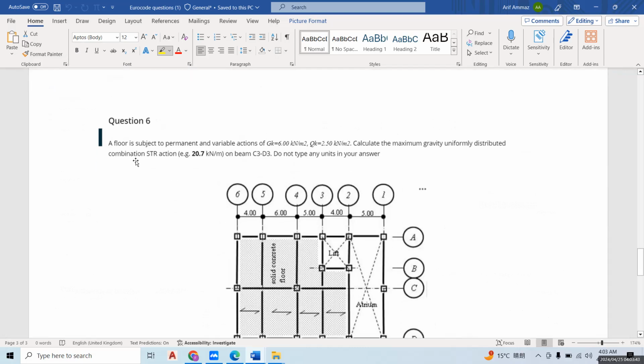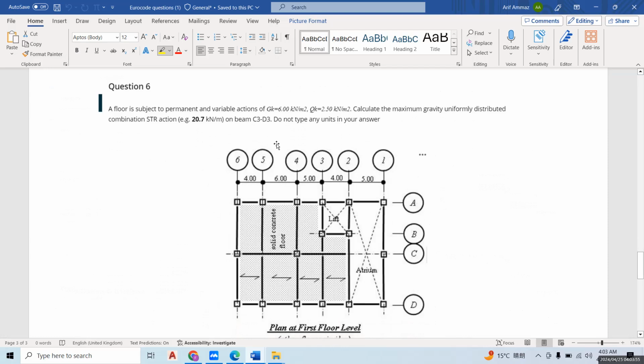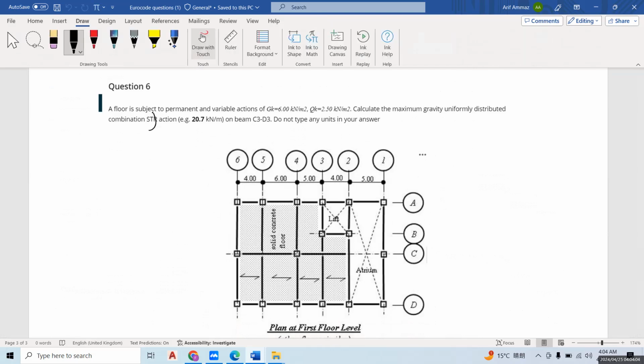Okay, brother, it is written that a floor is subjected to a permanent and variable load. Calculate the maximum gravity uniformly distributed load of STR action on beam CD. One thing I am a little bit confused about, because I have maybe never heard this word STR, because there are two limit states, SLS and ULS.